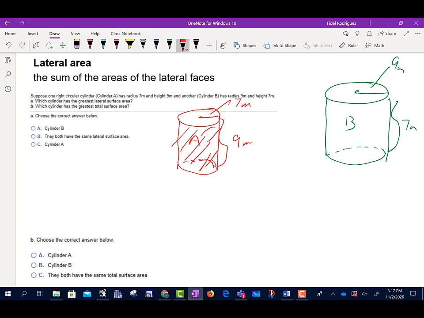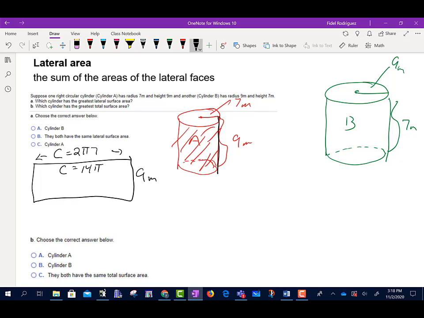Remember, if we were to cut this can down the side and open it up, it would be a rectangle. The height here would be 9 meters. This distance here would be the circumference of that circle, 2 pi times 7, so the circumference would be 14 pi.